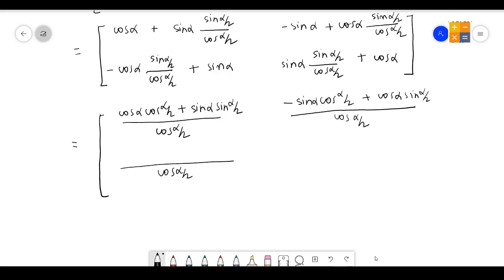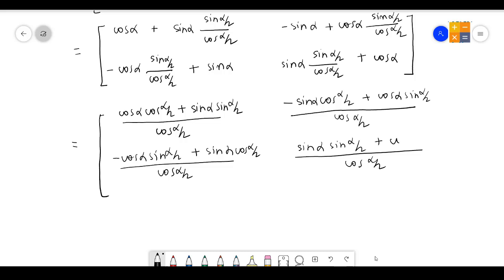This will come as minus cos alpha sin alpha by 2 plus sin alpha cos alpha by 2, while on the last part cos alpha by 2 is the LCM. So I can write here sin alpha by 2 plus cos alpha by 2. So here we can close the matrix.